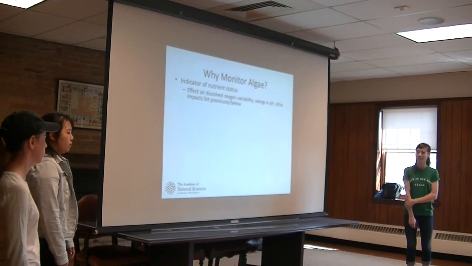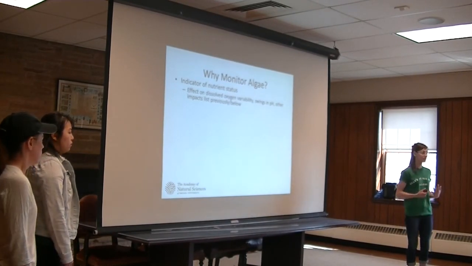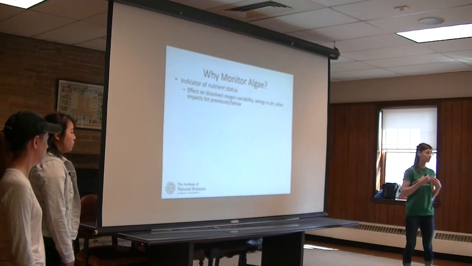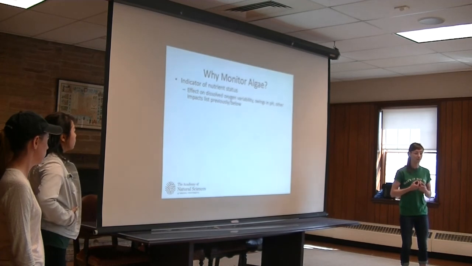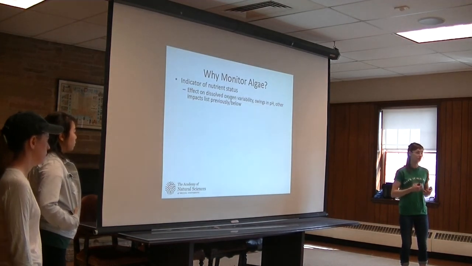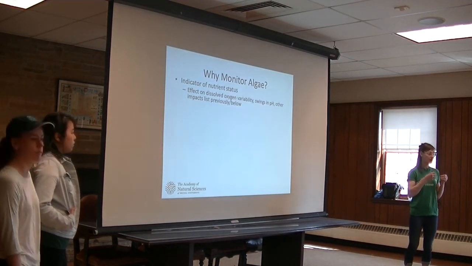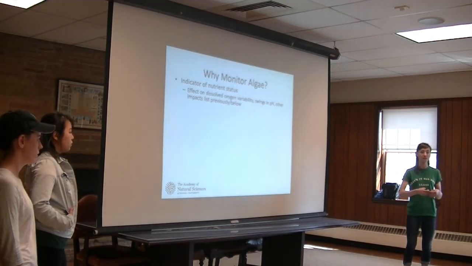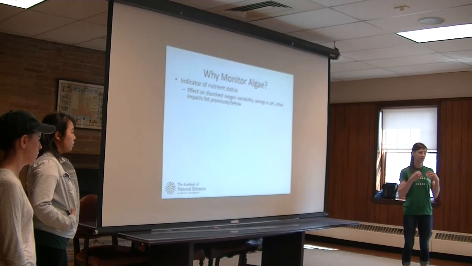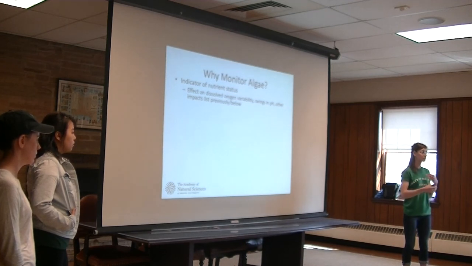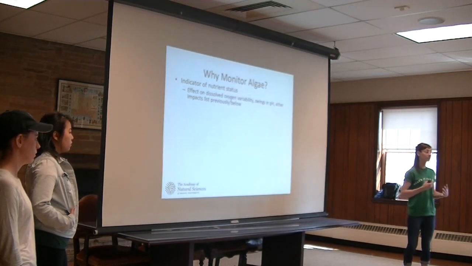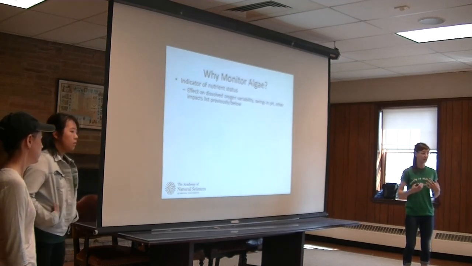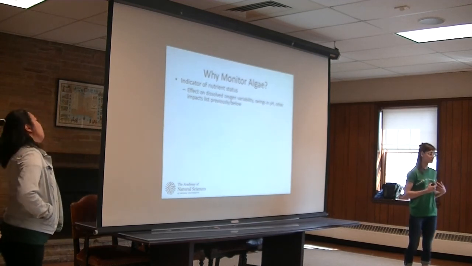So first, the reason why we're monitoring algae in the first place: algae are really great indicators of water quality. Unlike fish or macroinvertebrates or monitoring chemistry at one point in time, algae represent a short period of time. They reproduce a lot faster. They can also live in any aquatic environment where you maybe wouldn't see fish or macroinvertebrates.